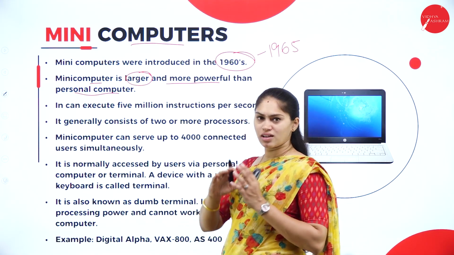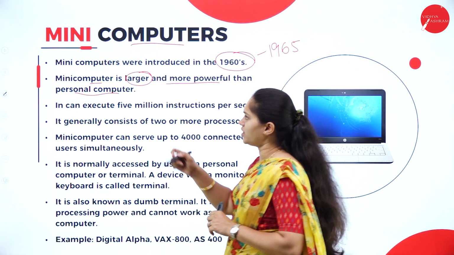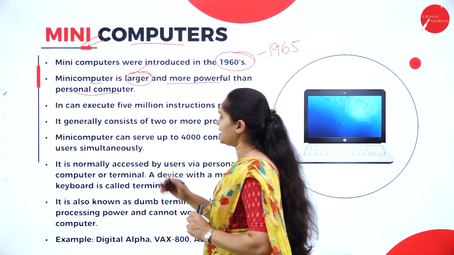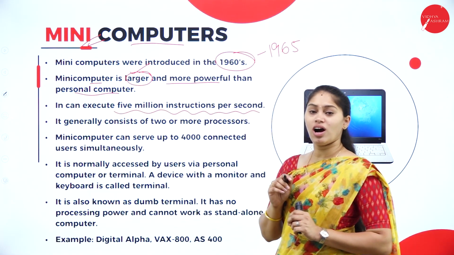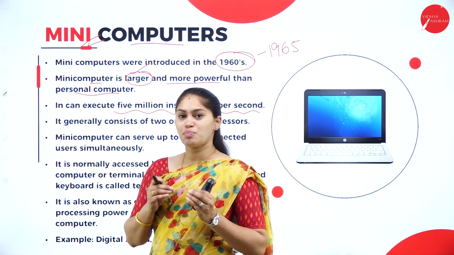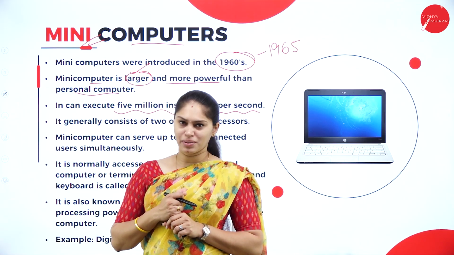It is large when it comes to the difference between micro and mini computer. The name is mini, but in size it is larger, and it can execute 5 million instructions per second. So how are we going to find out the speed of a computer, that is, its processing speed? By how many instructions are executed per second.